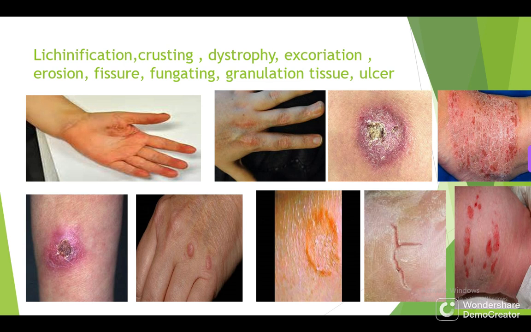If you describe like this, you can diagnose it. Although differential diagnosis must be done because the same lesion appears in other types of disease also. So it depends upon the experience of seeing the lesion.